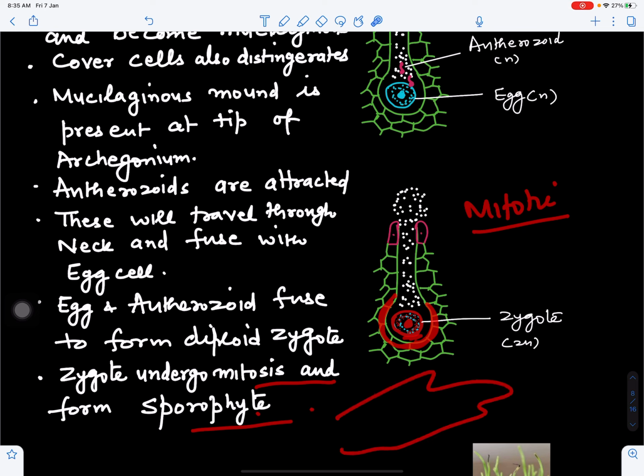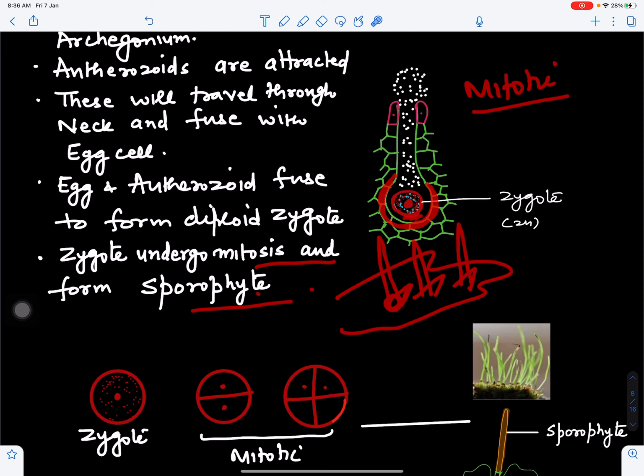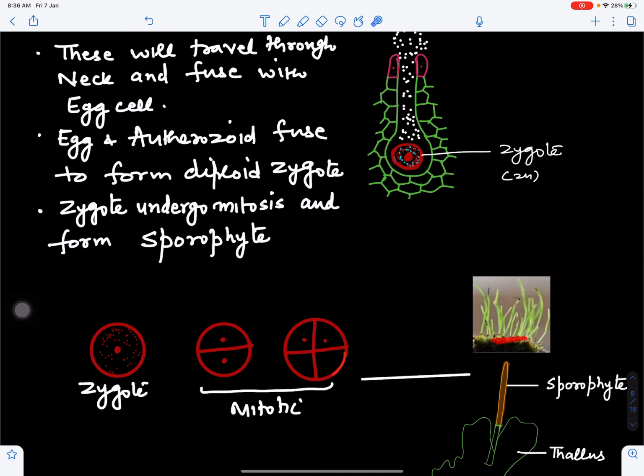Supposing this is the thallus and here is the archegonium, and this is the diploid zygote. Now this can develop into a sporogonium or sporophyte. So they will be borne on the dorsal surface of the thallus. Supposing this is also an archegonium, and this is also an archegonium, they can form sporogonia. So the sporogonium will be present on the surface of the thallus like this, right?